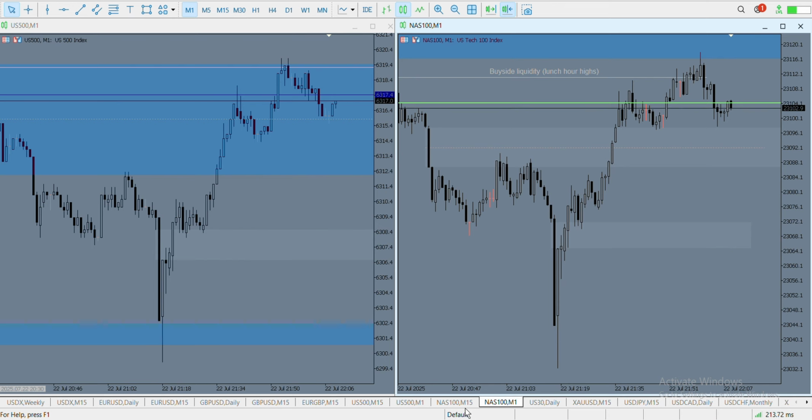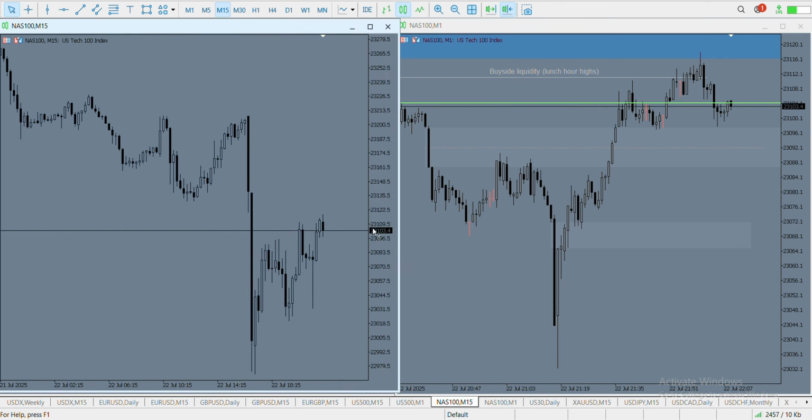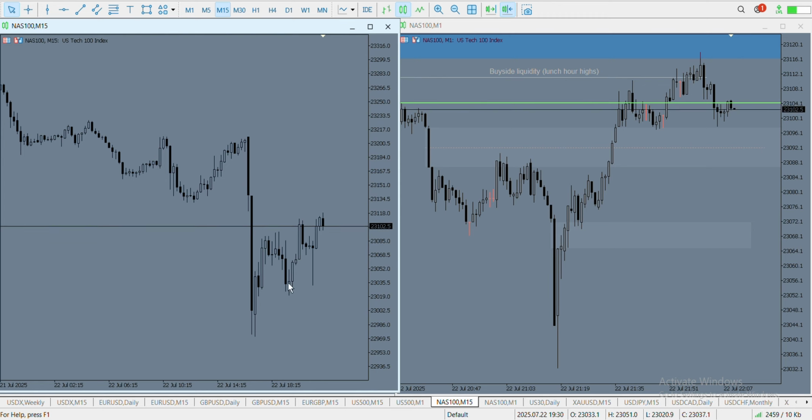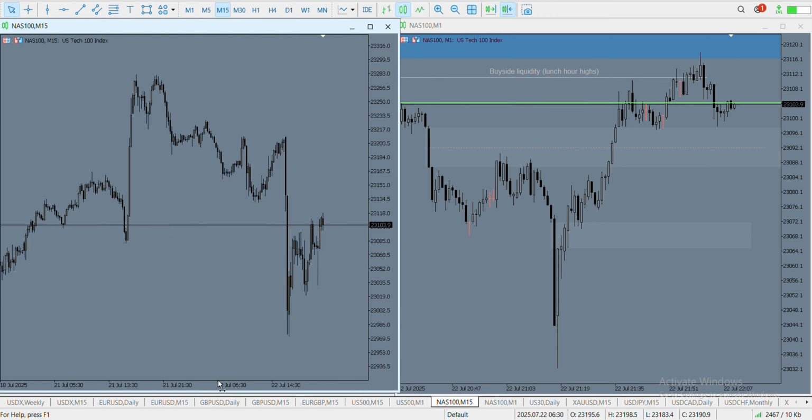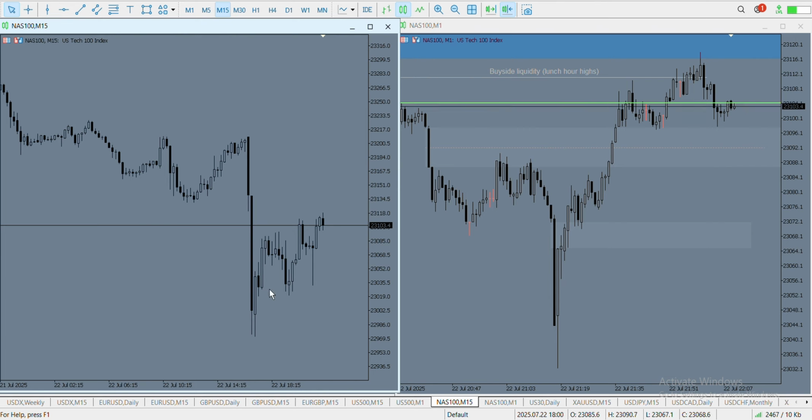I've explained already why I'm not really having any session bias other than generally being bullish, because the weekly is bullish and the monthly is bullish. I'm not really bearish. It's difficult to be going short.